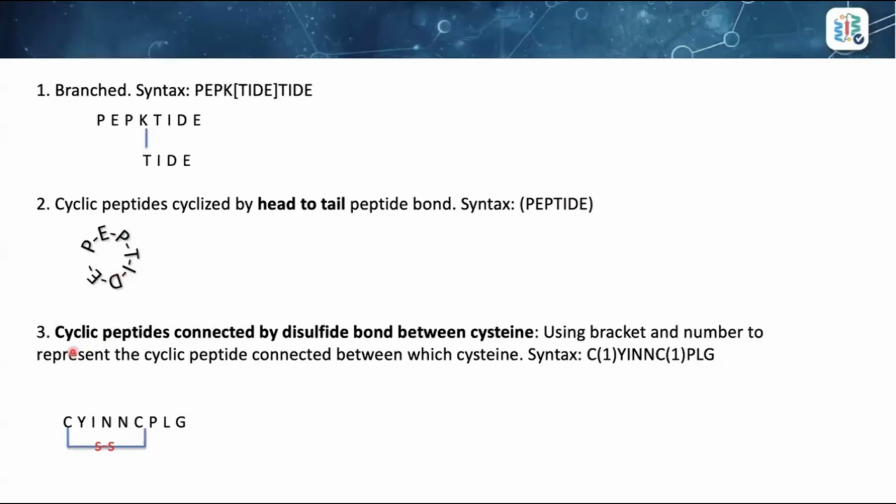And for a cyclic peptide connected by a disulfide bond between cysteines, we also use this bracket, but here we add a number to show which cysteines are connected. So here is an example like CYIN CPLG.